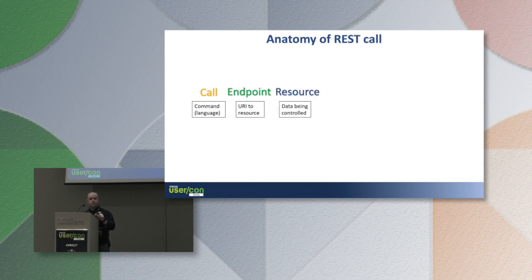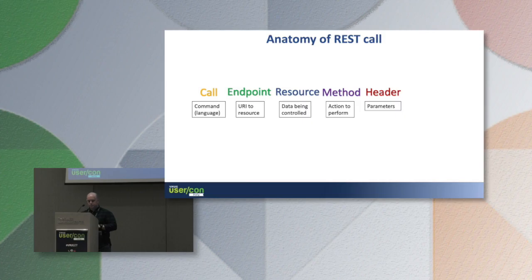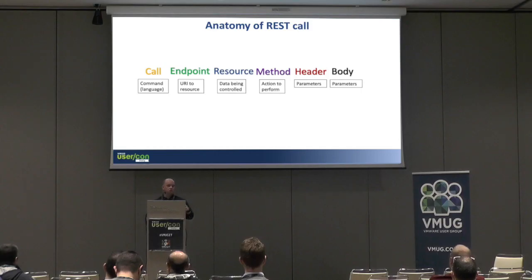The resource itself is the data being controlled. And the method is the action you want to perform, so that would be post, put, get, whatever. Then the header for some additional parameters, and also the body, which can also contain parameters. But that depends on the API author, whether they need you to specify your parameters in the header or within the body of your API call.